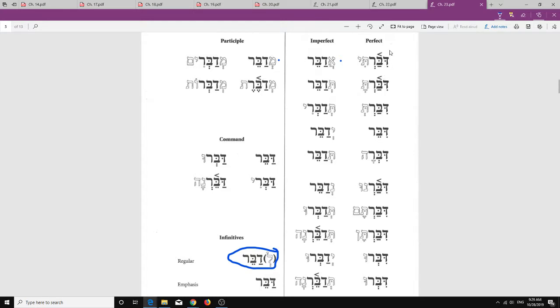Also notice where the emphasis is placed on some of these words. We have this accent mark here. So divarti, this syllable right here, bar, is the emphasized one. So divarti, divarta, divarnu, in those words in particular.